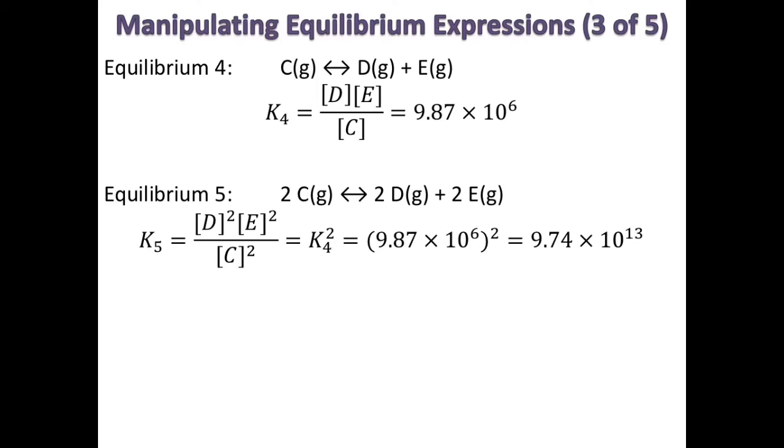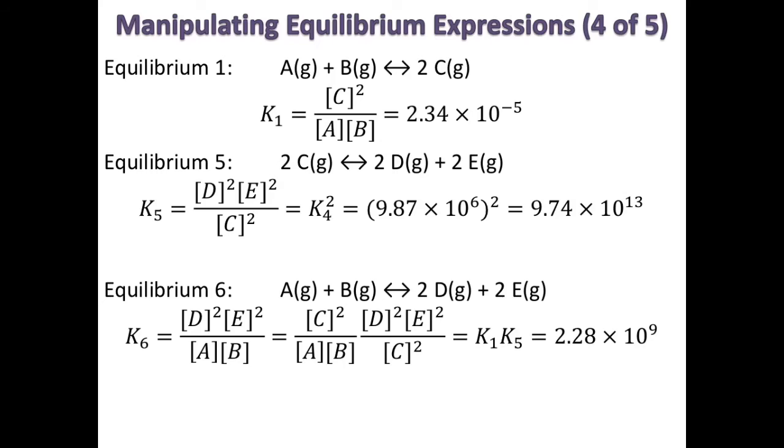I'll have to take the equilibrium expression of equilibrium 4, K4, 9.87 times 10 to the sixth, and square it because all the unit values are squared. Concentration of D squared, concentration of E squared divided by the concentration of C squared. So K5 is 9.87 times 10 to the 6th squared, which is 9.74 times 10 to the 13th.